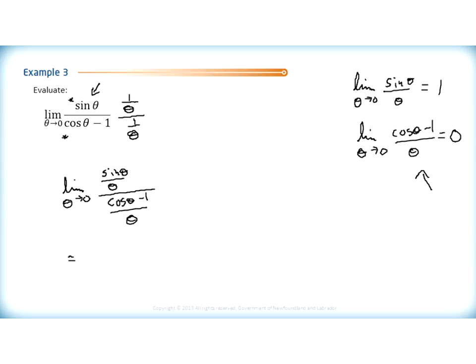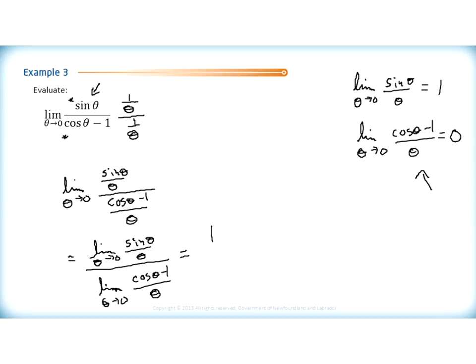Okay, so let's tackle this then. That's going to be equal to the limit as theta approaches 0 of sine theta over theta divided by the limit, now this is a limit law, the limit of a quotient is the quotient of the limits, of cosine theta minus 1 over theta. All right, now if I try to evaluate this, look what happens.